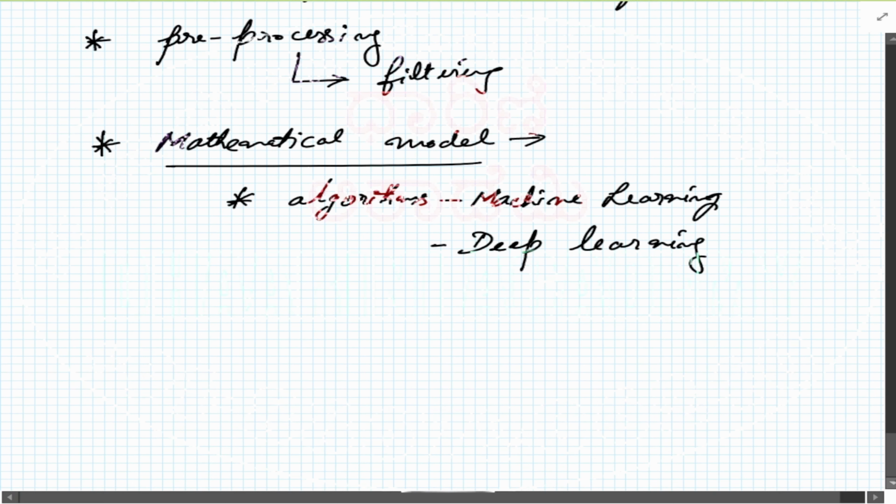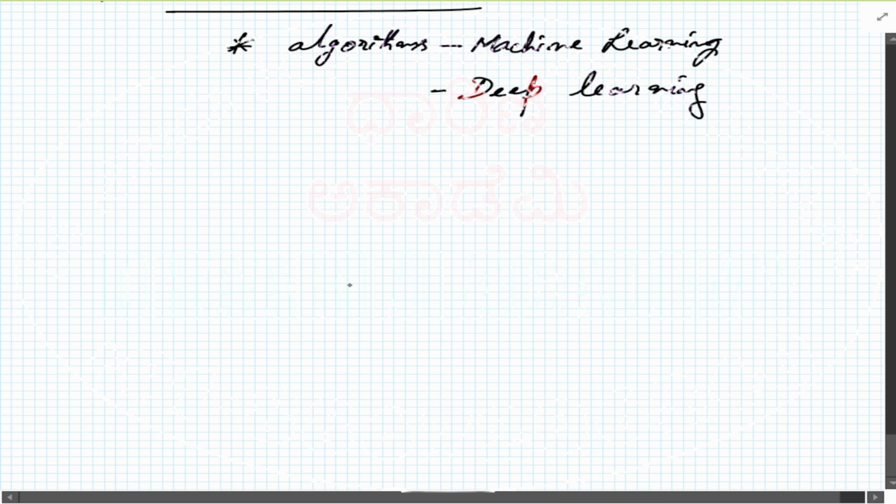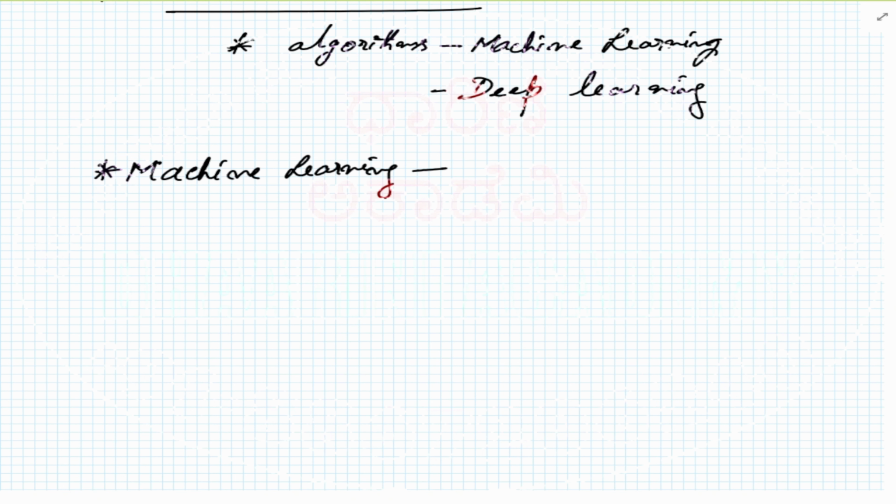Now let's discuss machine learning first. What are the various options you have under machine learning? I think you studied a subject called machine learning. Do you remember any algorithms you studied in machine learning? Anything that you can name? Okay.